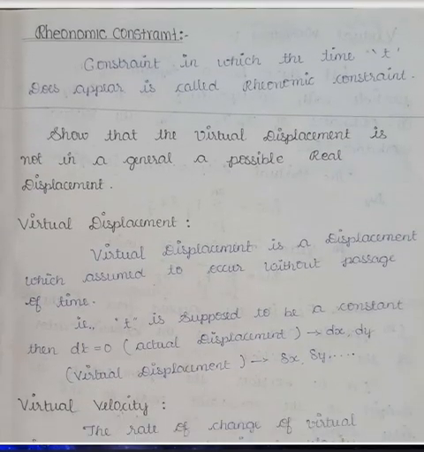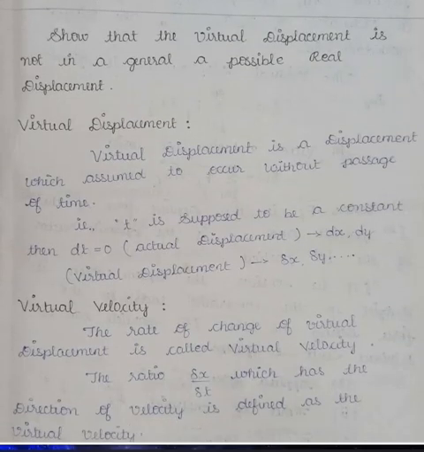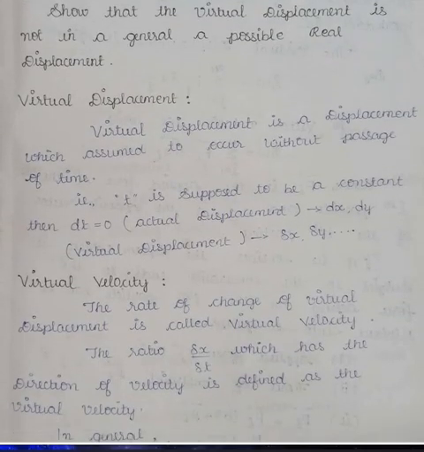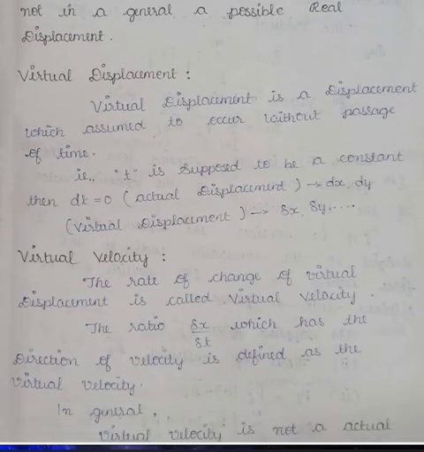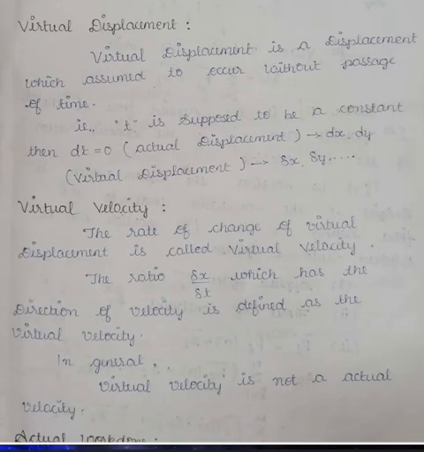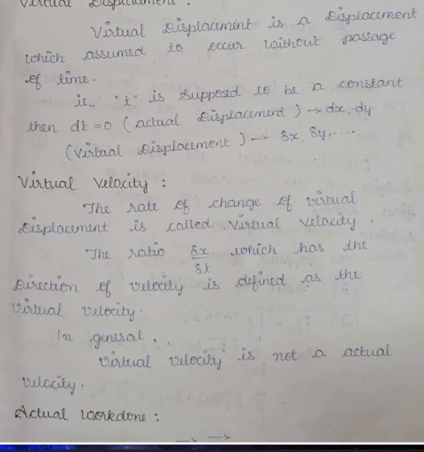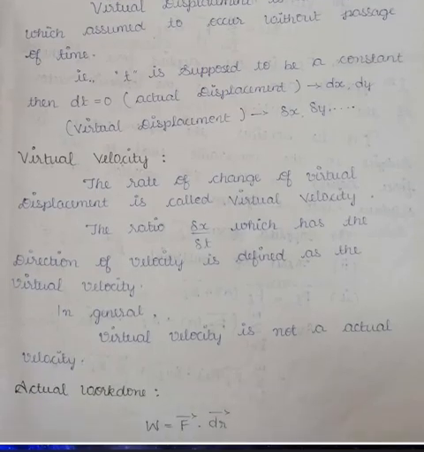Virtual displacement. Virtual displacement is the displacement which is assumed to occur without the passage of time. Suppose t is constant, then dt equals 0. Actual displacement we write dx, dy. Virtual displacement del x, del y, etc. Virtual velocity.